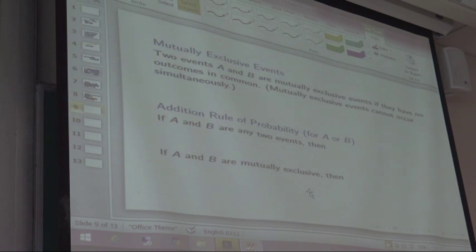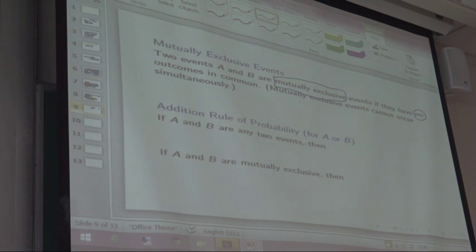On the next slide: mutually exclusive events. Two events A and B are mutually exclusive events if they have no outcomes in common. So basically there is no overlap between A and B. That is a mutually exclusive event.